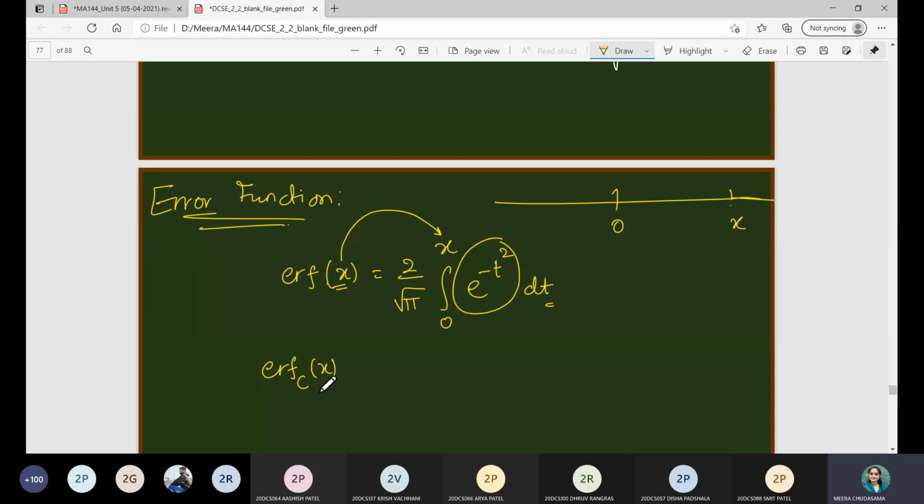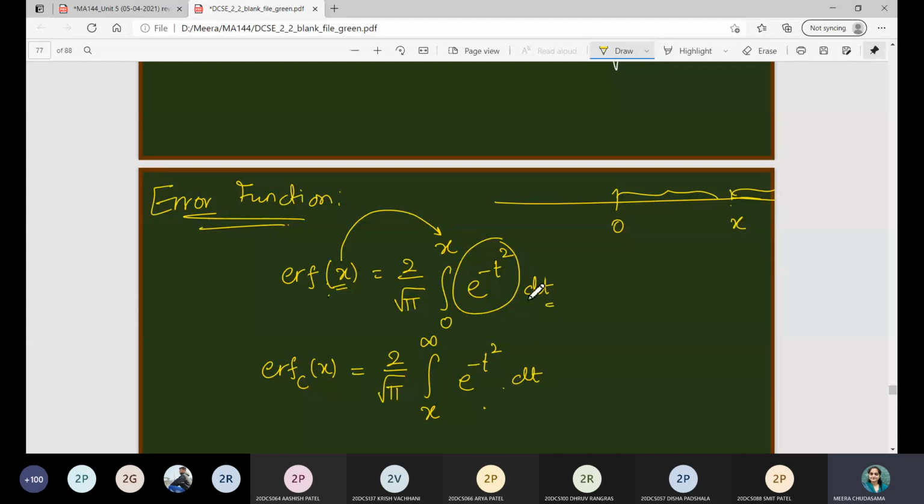So the complementary error function is denoted with erfc of x. 2 upon square root of pi will also be there. The integration limit will now be x to infinity. From here the error function is defined, and towards x to infinity the complementary error function is defined. So e raised to minus t square dt, right? So these are the definitions of the error function and the complementary error function.